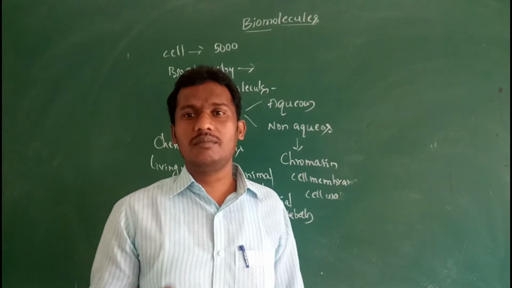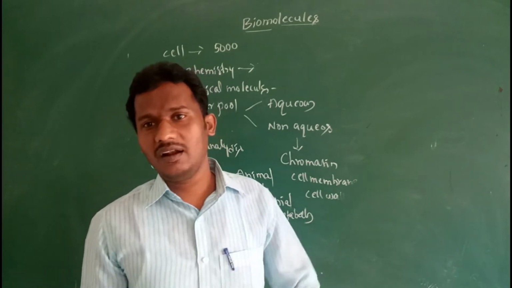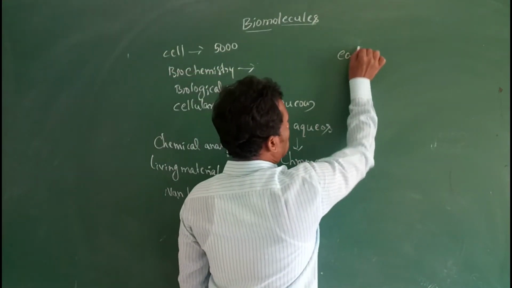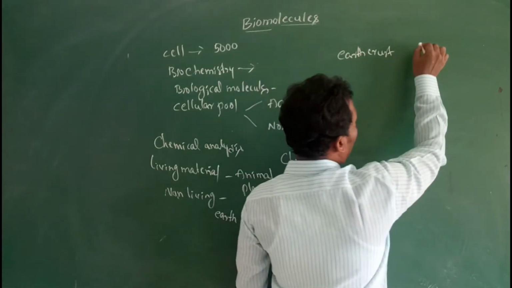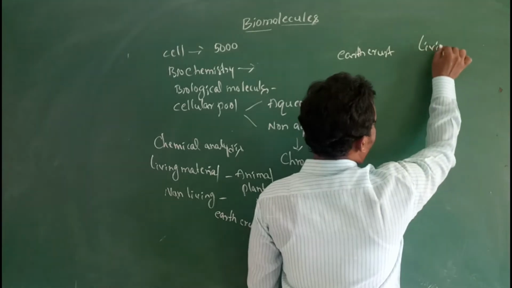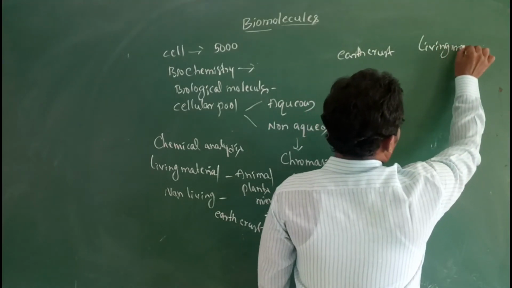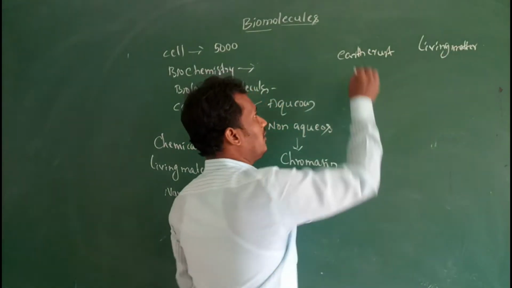Now the average abundance of some elements in earth crust, that is non-living matter, and living matter.